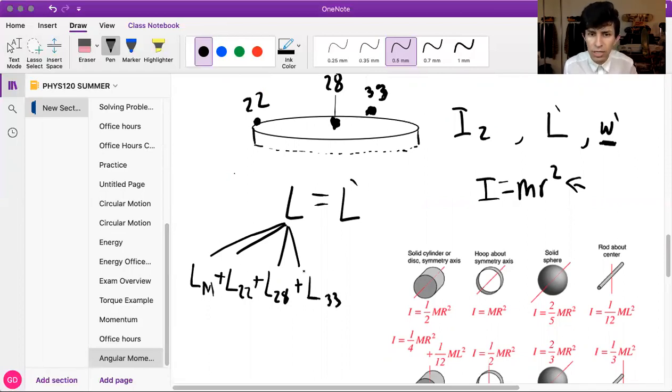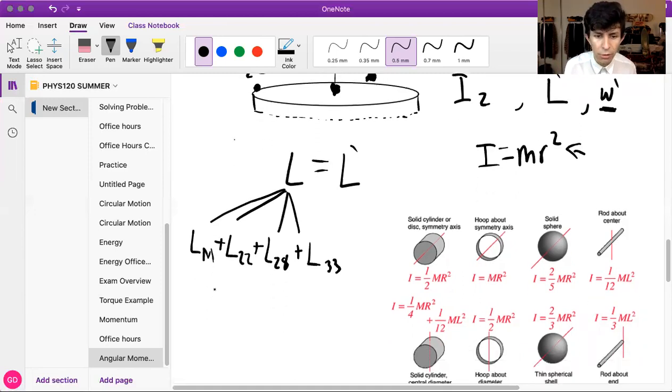That's how you want to treat them. You look at all the objects in the situation and all of the people or things that are spinning around. One is the merry-go-round. It's rotating, so it has angular momentum. All the people on the merry-go-round are spinning too, so they have angular momentum.